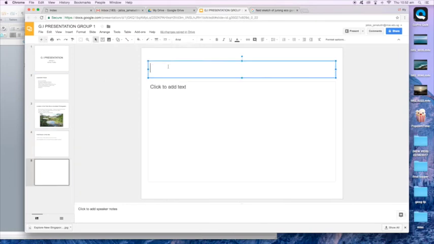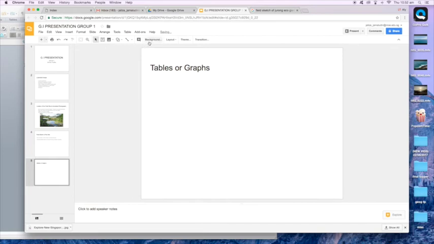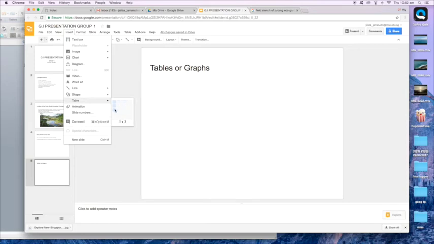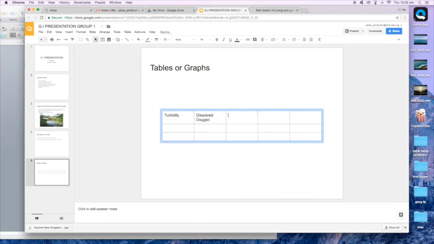Tables or graphs. Okay, this part is easy peasy. You just have to insert a table. There is turbidity, dissolved oxygen, nitrate, phosphate, pH. So you just write it down. Turbidity, dissolved oxygen, phosphate, nitrate, pH.